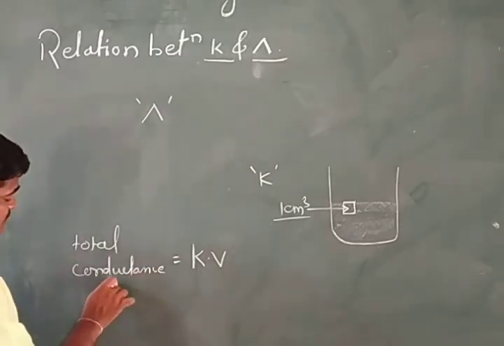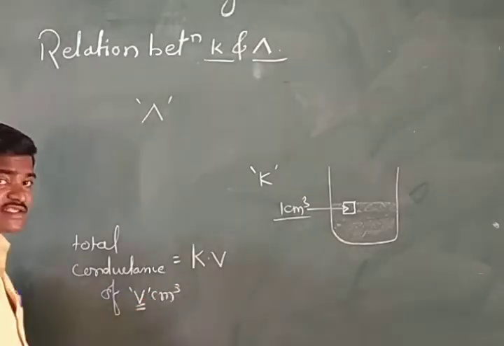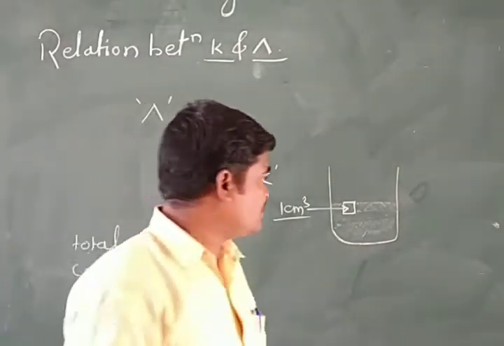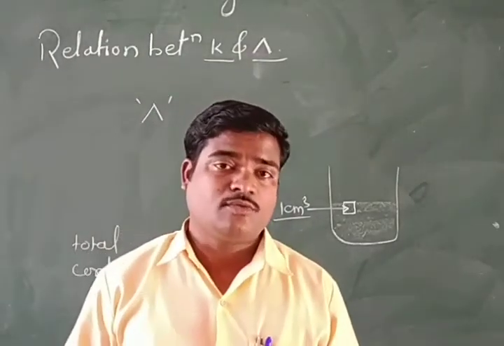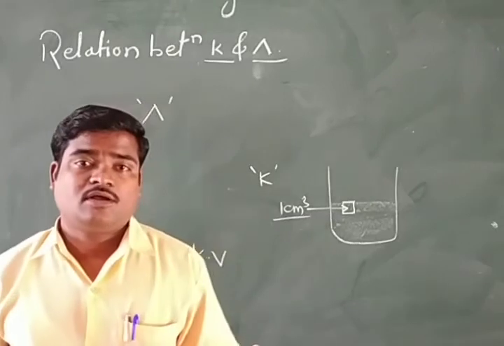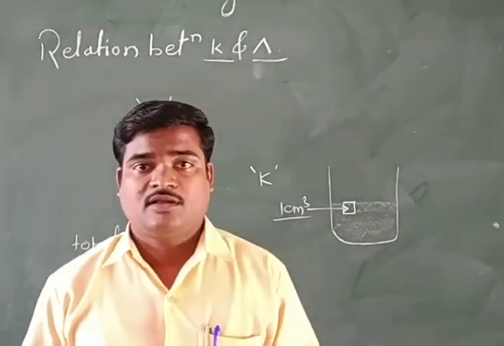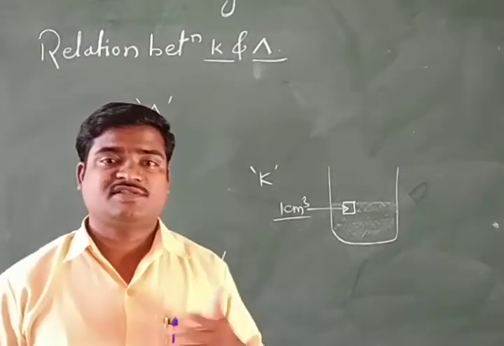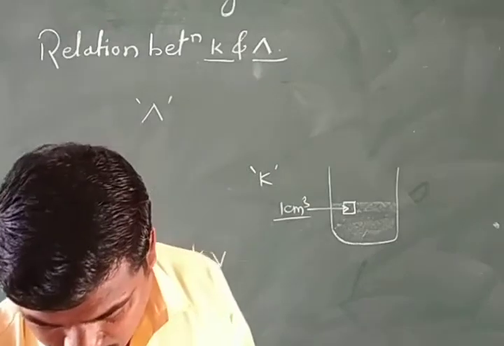V cm cube means V ml; we are assuming the total solution is V cm cube. Instead of V we can put any number, like 100 cm cube, which means 100 ml.